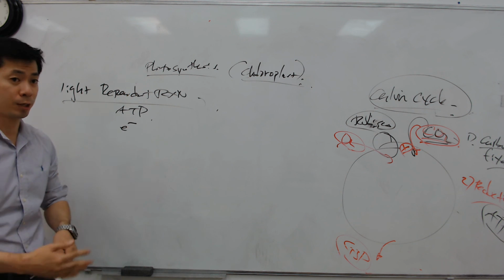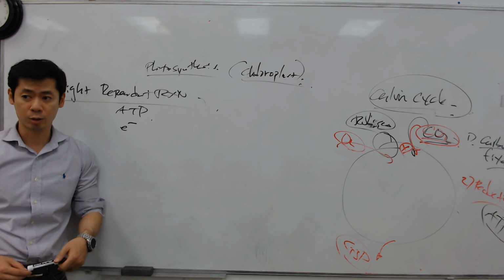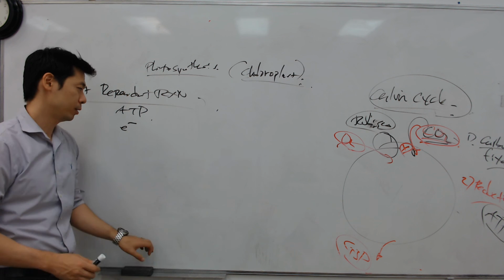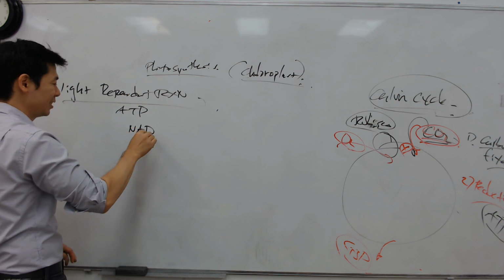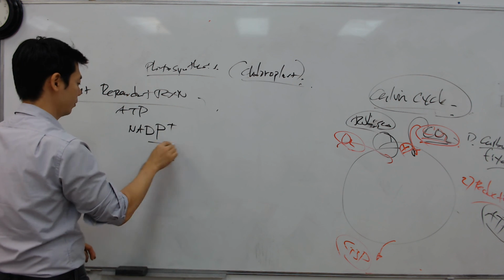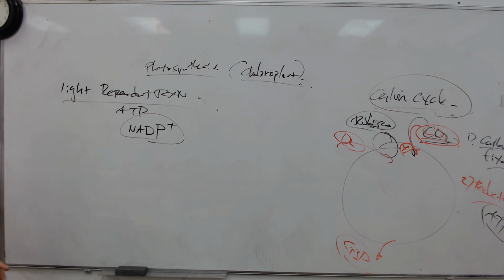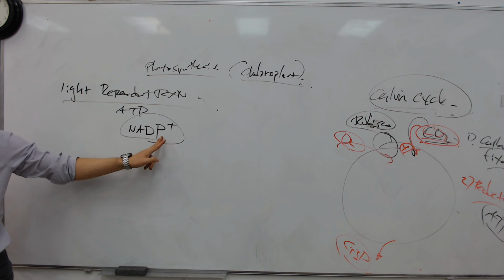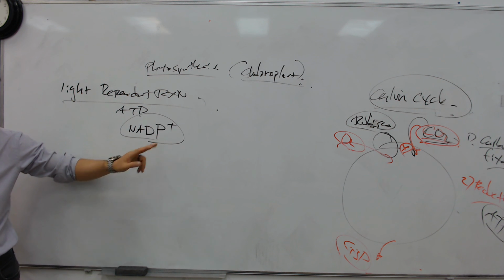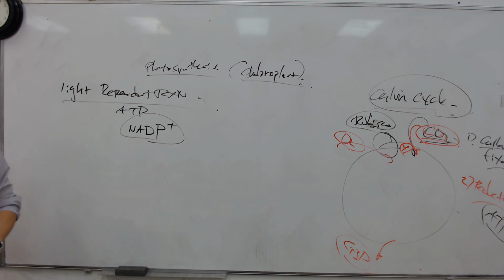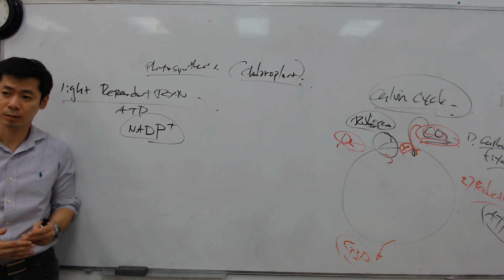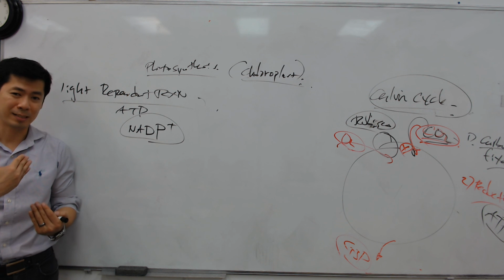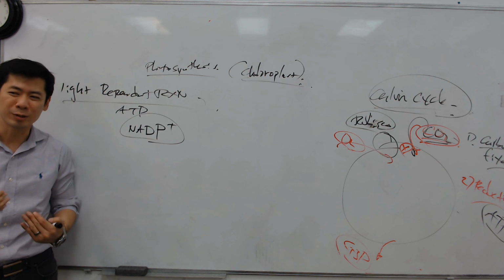In mitochondria, electron transportation occurs with the NAD plus, right? But now the difference is, guys, this one will have NADP plus. The only difference is the P. This means they got one more phosphate group on them. So again, NADH or NAD, those are what we call nucleotides.